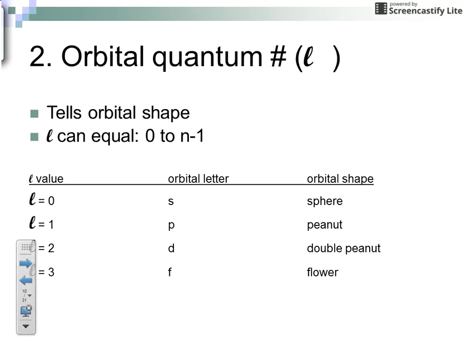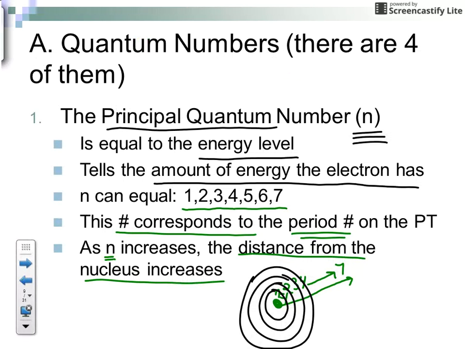The second quantum number is called your orbital quantum number, and it's given a letter L, always a cursive L. I remember L because it's called orbital quantum number, and orbital ends in an L. Let me go back for just a moment and talk about how I remember N. I remember N is the letter for the principal quantum number because it tells me the energy level.